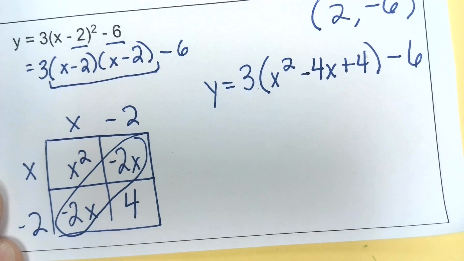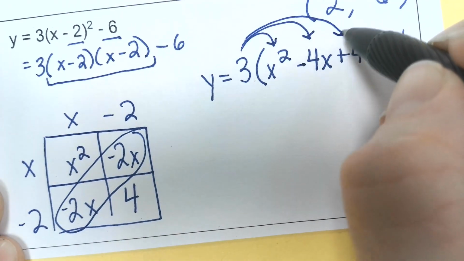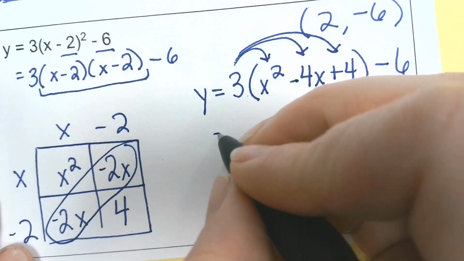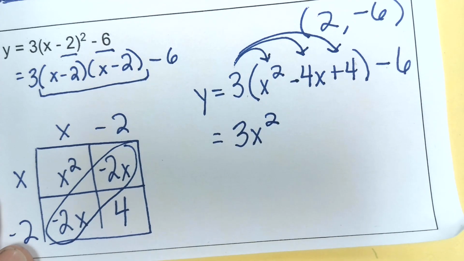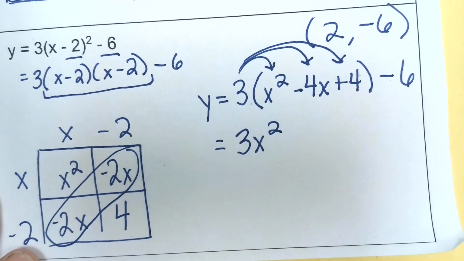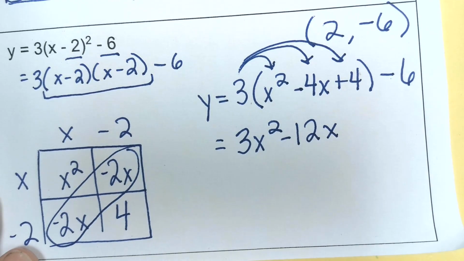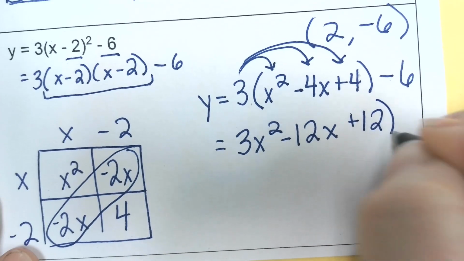Okay, so we're simplifying, which means getting rid of parentheses. So we want to distribute the 3. So show your arrows of distributing. 3x squared. 3 times negative 4x, 12x. 3 times 4 plus 12.